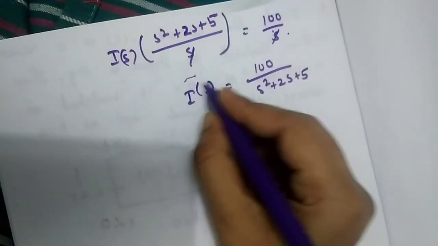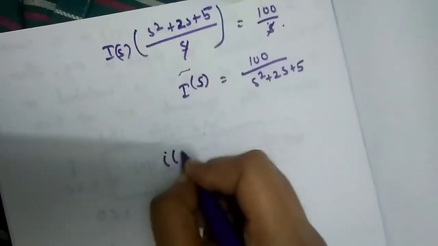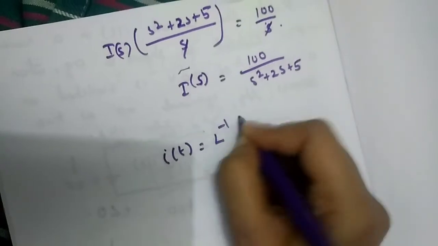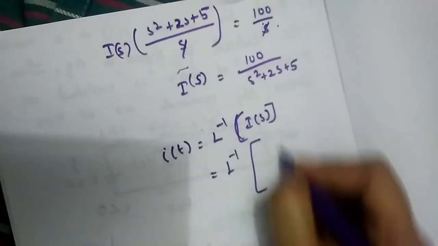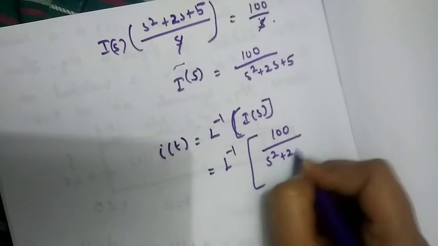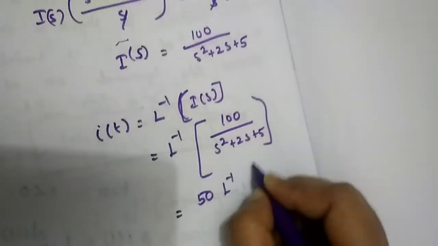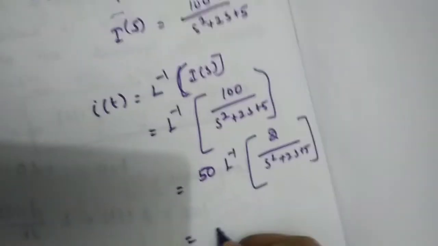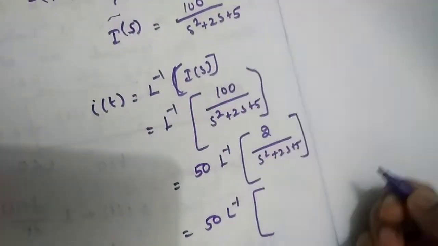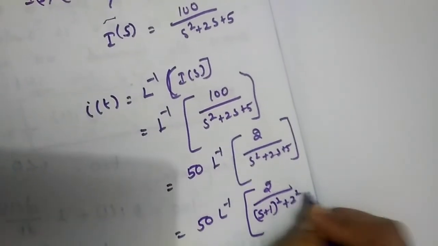So this is the Laplace transform of i(t), and from that we have to find i(t), that is the inverse Laplace transform of I(s). So the inverse Laplace transform of 100 divided by s square plus 2s plus 5. For solving this, we take 50 outside. So this becomes 2 divided by s square plus 2s plus 5, and this can be rewritten as (s plus 1) the whole square plus 2 square.